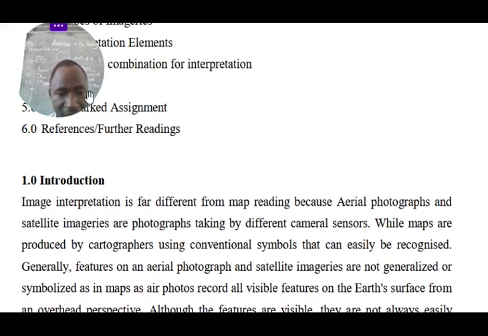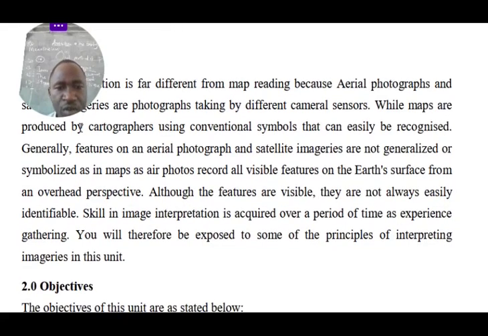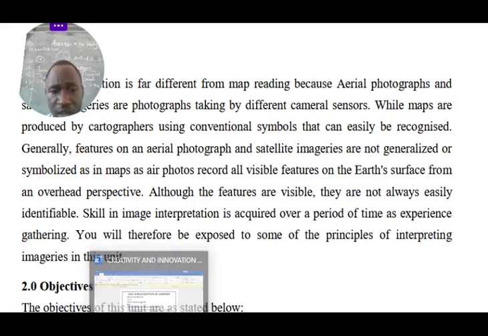Here we are going to be looking at some of the features on an aerial photograph and the satellite images. They are saying that they are not generalized or symbolized as those that appear in a map, as the air photos are being recorded.